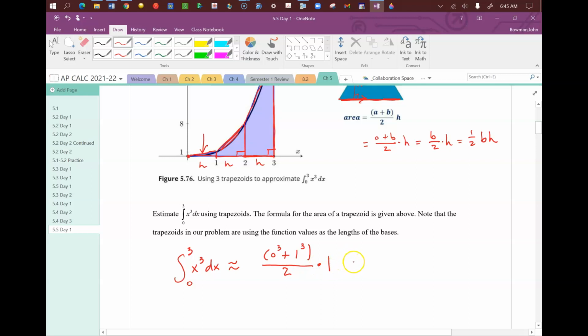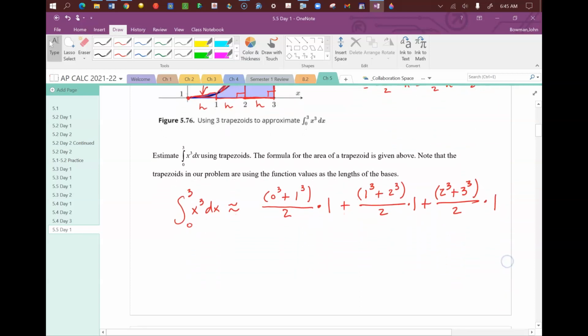And the height, again, is the distance between the x values, plus 1 cubed plus 2 cubed divided by 2 times 1, plus 2 cubed plus 3 cubed divided by 2 times 1.